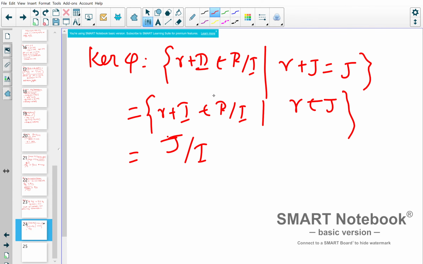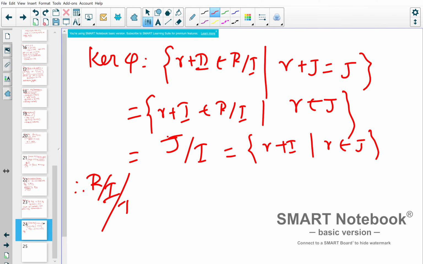These elements are elements of J, so these are actually of the form r plus I such that r belongs to J. This is the kernel actually. So you can again use the first isomorphism theorem. You can tell that this quotient is actually isomorphic to R mod J. Okay, so this is obvious.